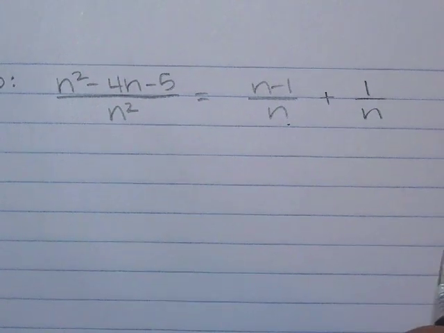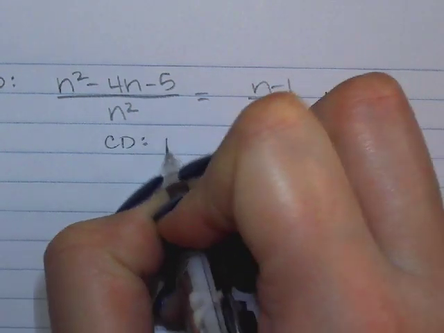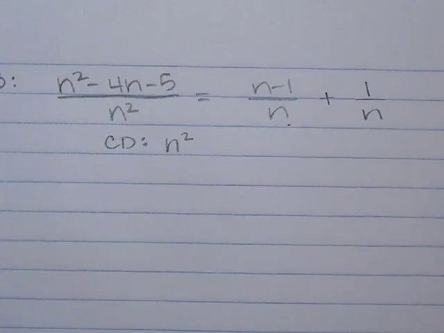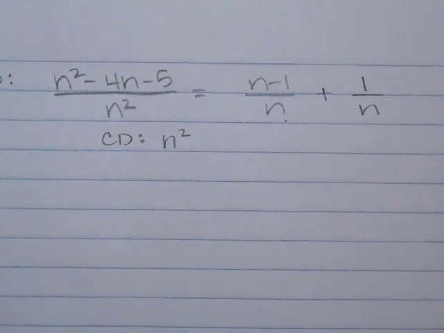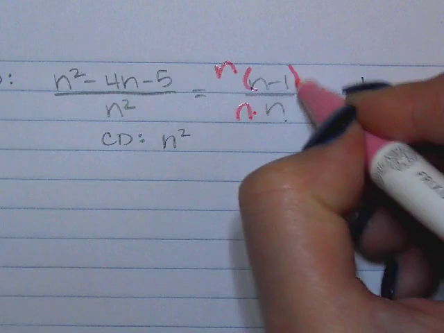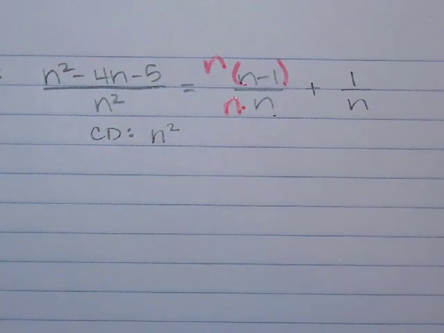Okay. So what's the common denominator? N squared. Okay. Does the first fraction need anything? No. What about the second fraction? Yes. It needs an n. So n times that stuff. Okay. What about the third fraction? What does it need?